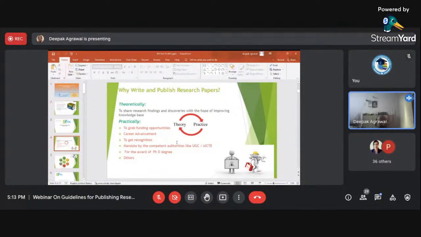I already discussed that it has been mandated by various authorities like UGC and AICTE, where we need to get a paper published in order to move forward in career advancement. Again, it is necessary in order to get the award of a PhD degree, MPhil, and other types of qualifications. Do you think the publication of a research paper is only meant for teachers?